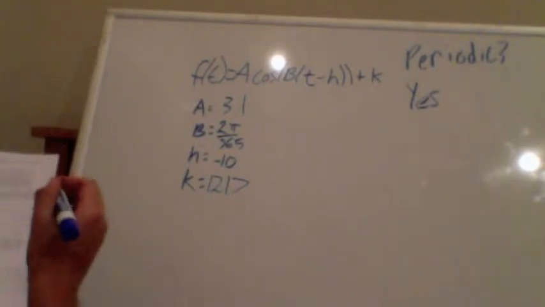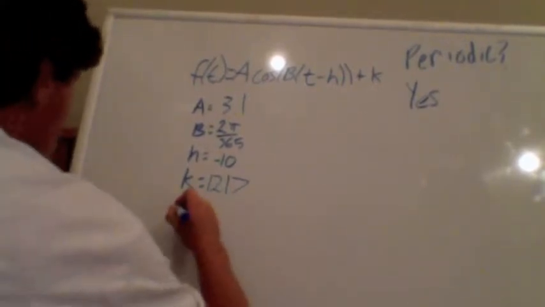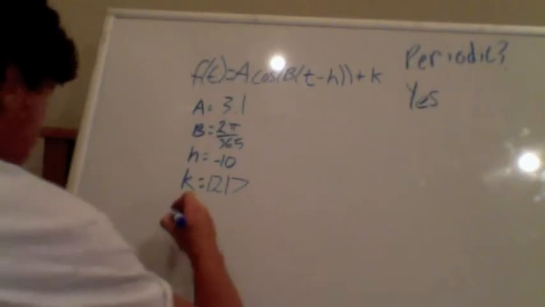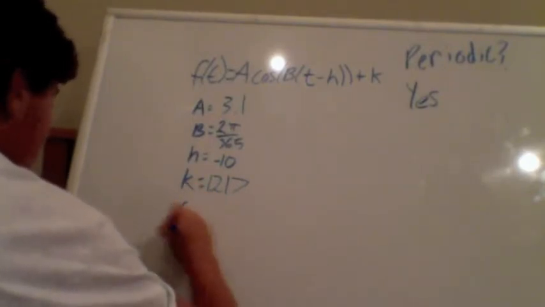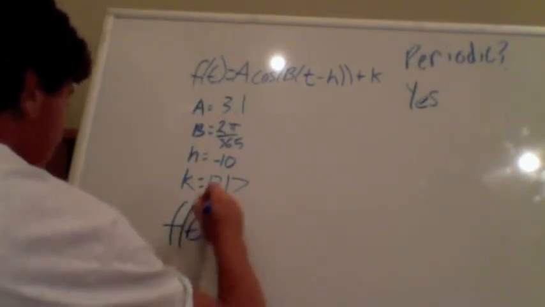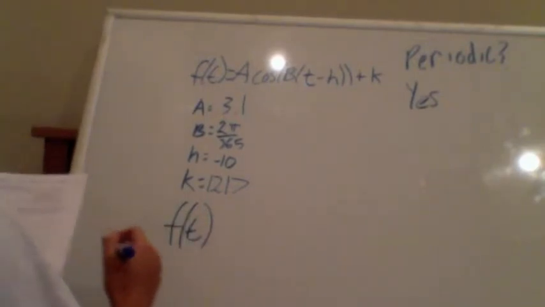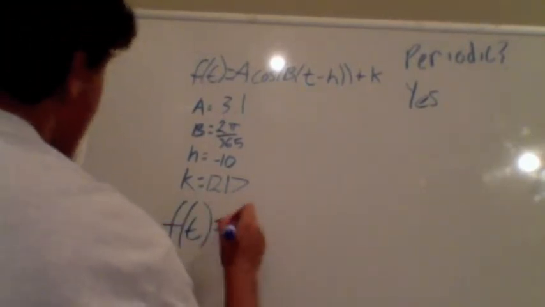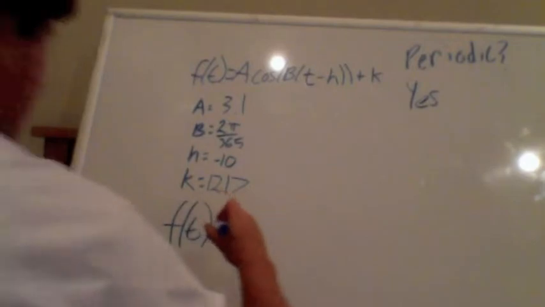And when we put this into the previous format, it should give us a clear equation that'll help us graph the number of hours of daylight per year in days.